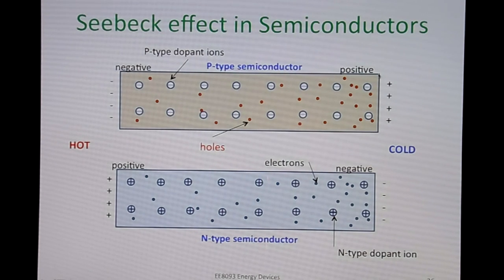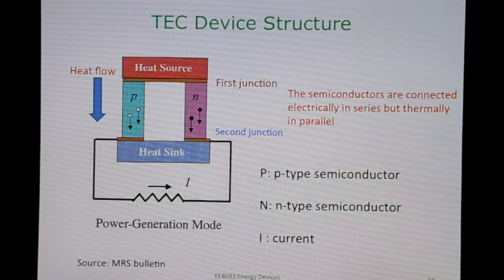And let us consider connecting the positive side of this p-type semiconductor to one side of a resistor, and then the negative side of this n-type semiconductor to the resistor. The result will be a thermoelectric device as shown in this schematic diagram.